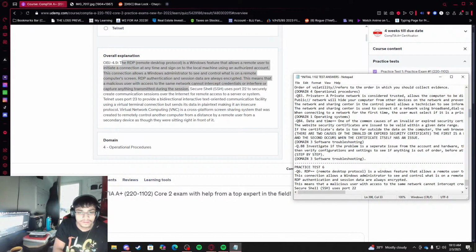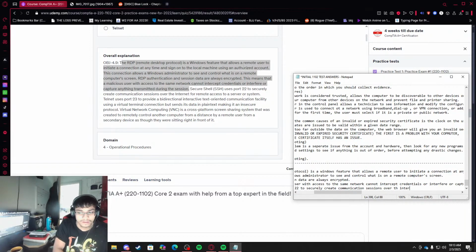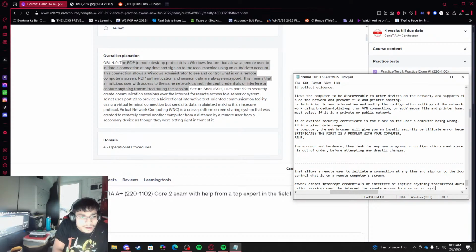Port 22 to securely create communication sessions. Okay, so it's just communicating. It's not gonna. I see. That is the main difference.